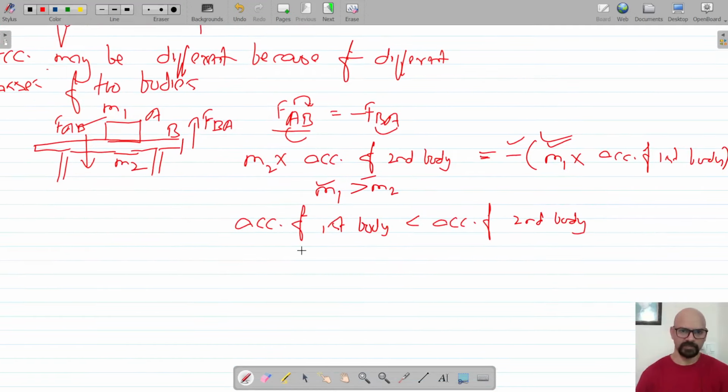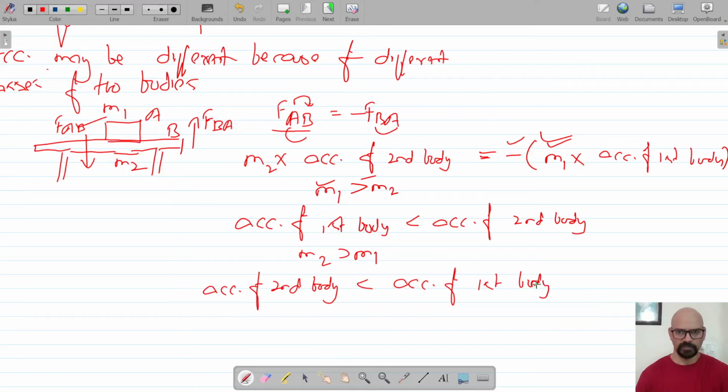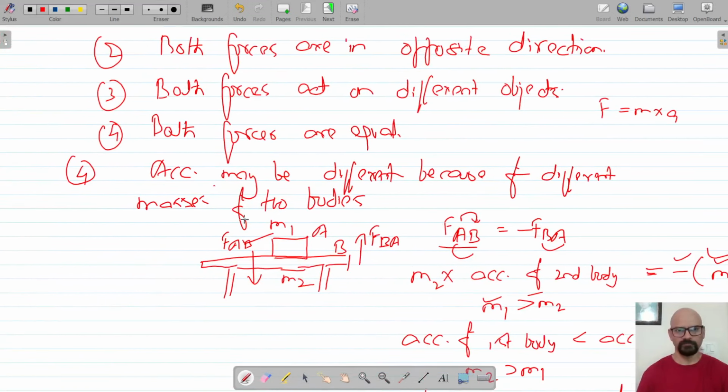And if m2 is greater than m1, then the acceleration of the second body is less than the acceleration of the first body. So this is how the acceleration may be different because of the different masses of the two objects.